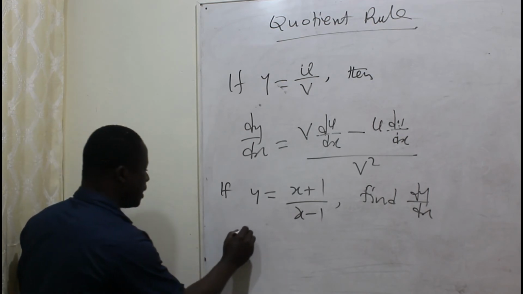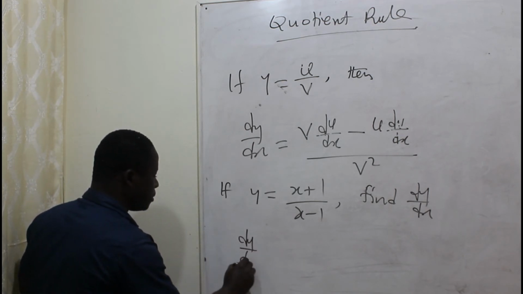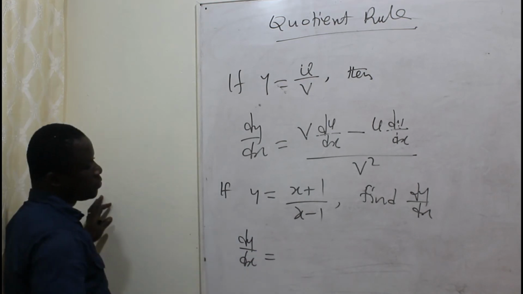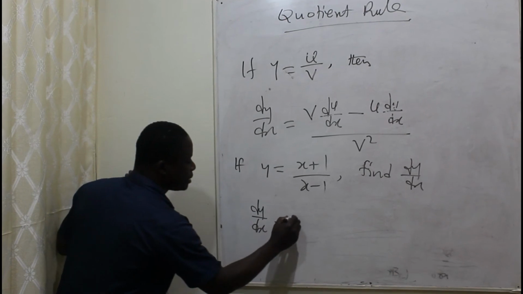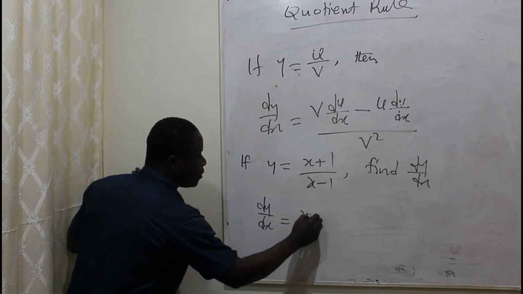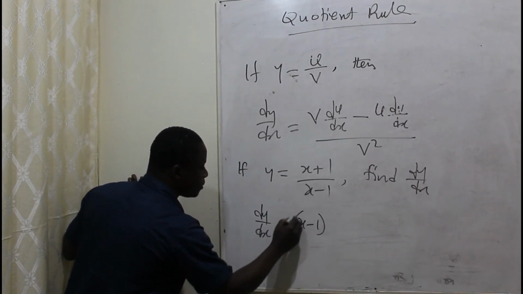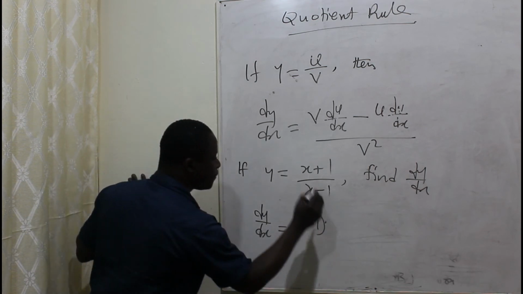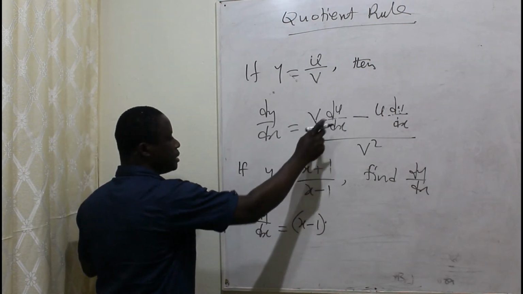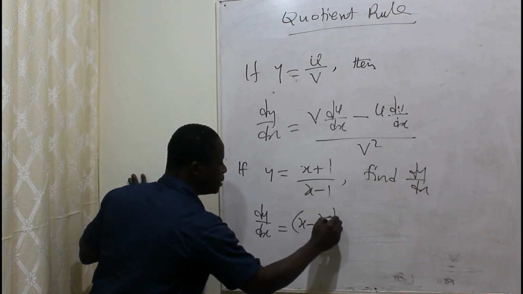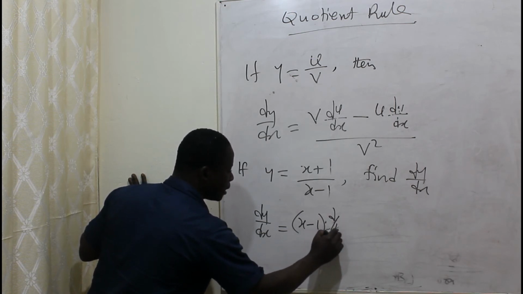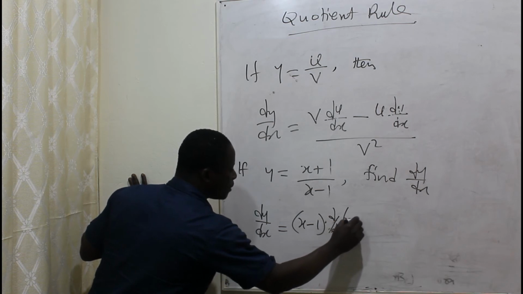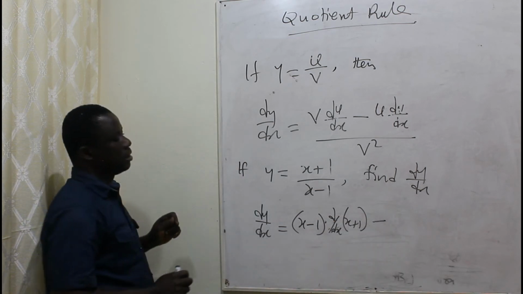So our dy/dx will now be equal to, we maintain the denominator first, and it is x minus 1. Then we differentiate the numerator. That one becomes d/dx of x plus 1, minus.